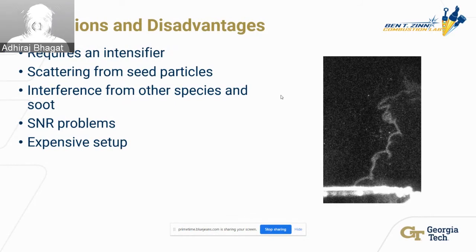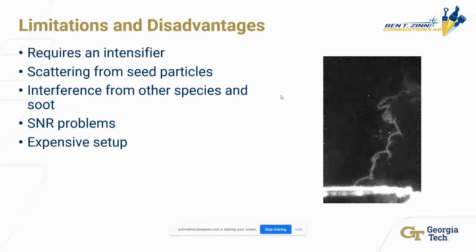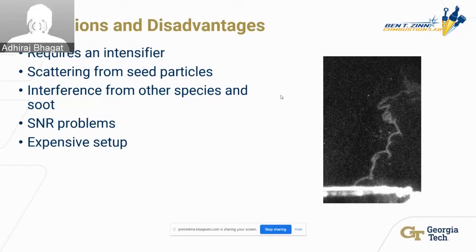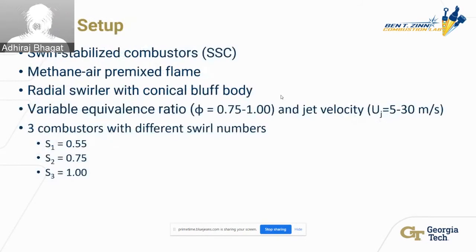As you could see in the frequency spectrum, there are certain peaks, but there are still emissions at other frequencies, so other species could also emit light at those frequencies. There are problems with the signal to noise ratio. As you can see in this image, the noise is pretty high, so if things aren't calibrated well, your data might be pretty bad. And again, it's an expensive setup. You need lasers, you need a high-speed camera, and the intensifier is expensive. So that's always a problem.